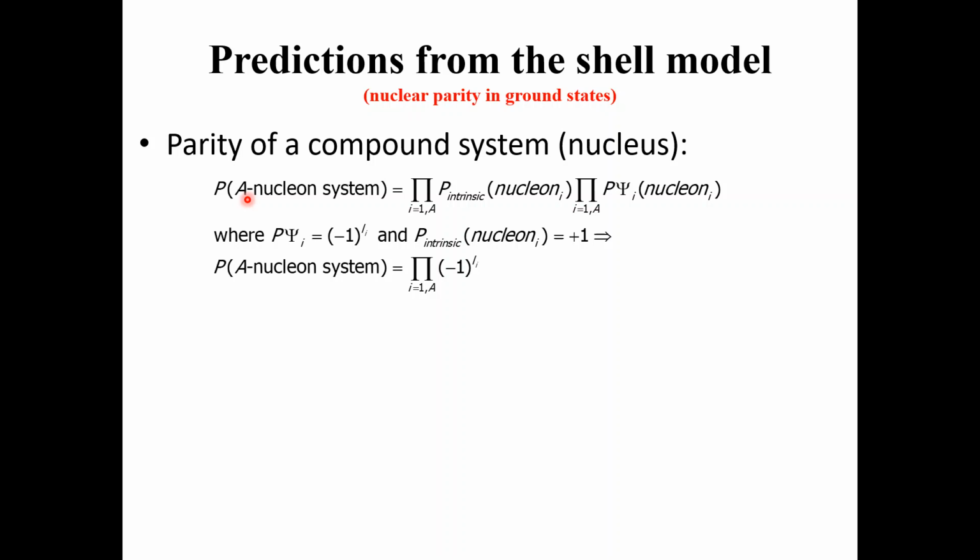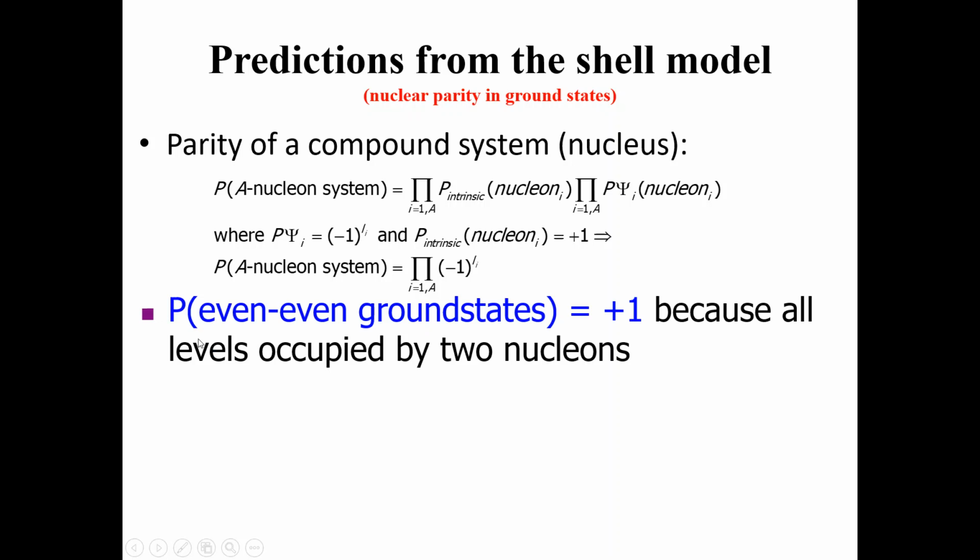We take a particular atomic mass A for a nuclear system, and consider the parity of the intrinsic nucleons. We say that i varies from 1 to A, and then we calculate the parity by utilizing that concept.